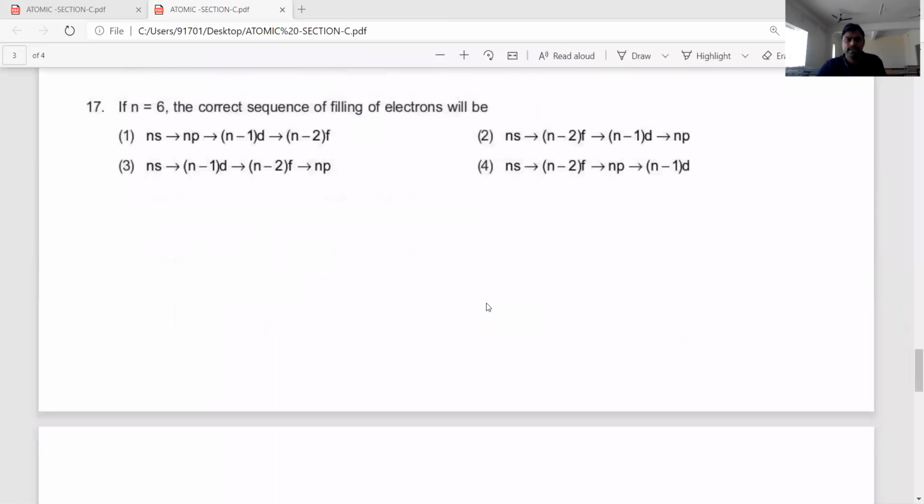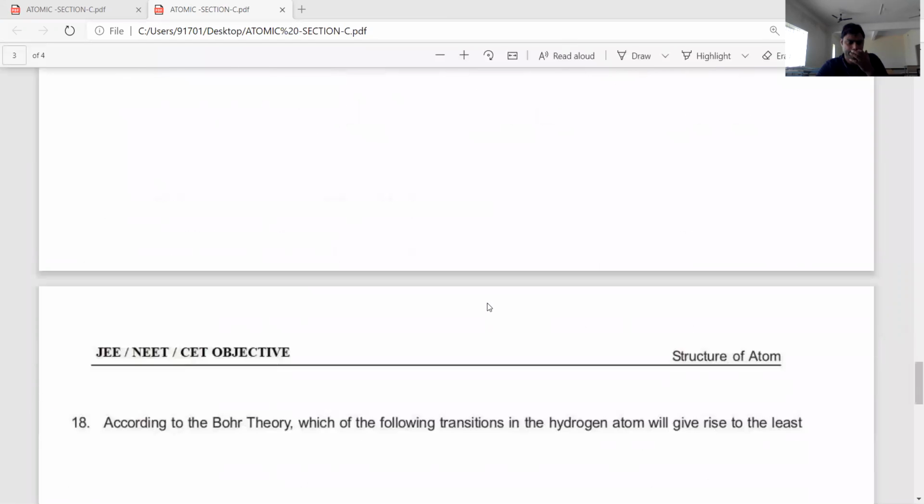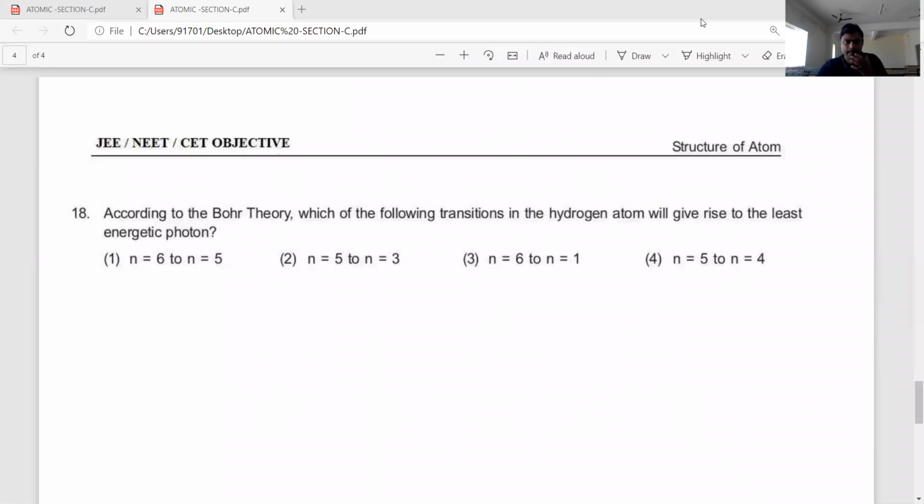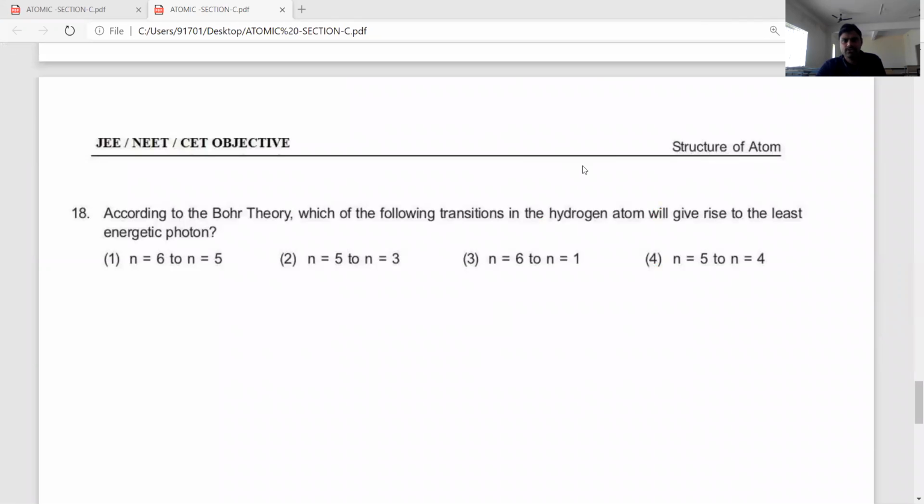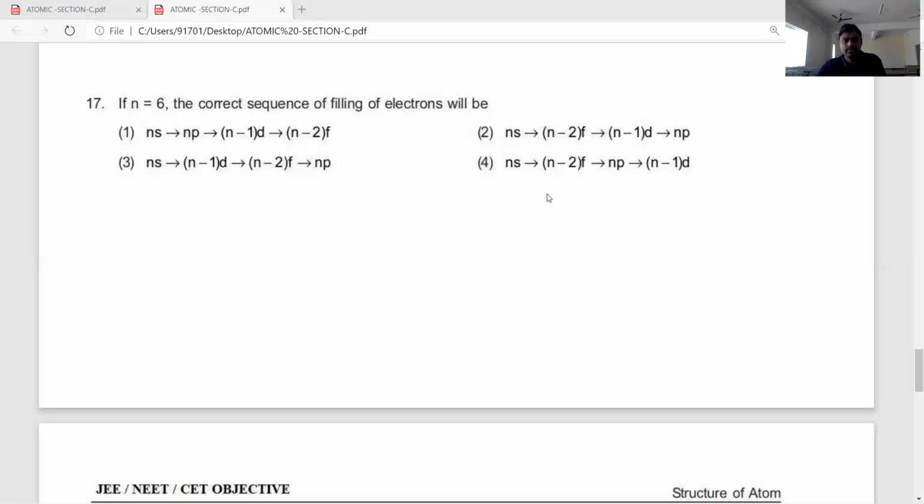Okay, let's go for the next question. Aishwarya, this n is equal to 6. N is equal to 6 means what sub energy levels are present?